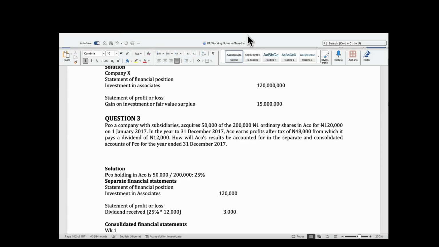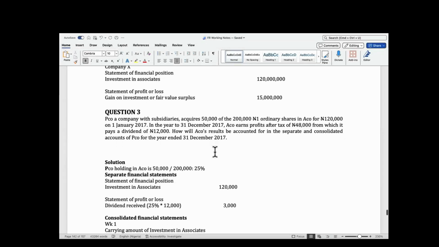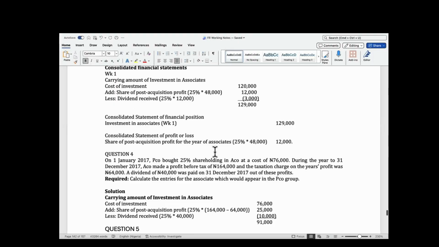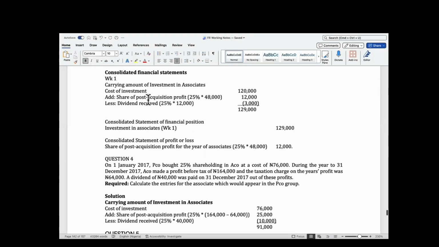And this carrying amount is determined by having the cost of investment, you add your share in the post-acquisition profits of the associate, and if there's any dividend received, you remove it.